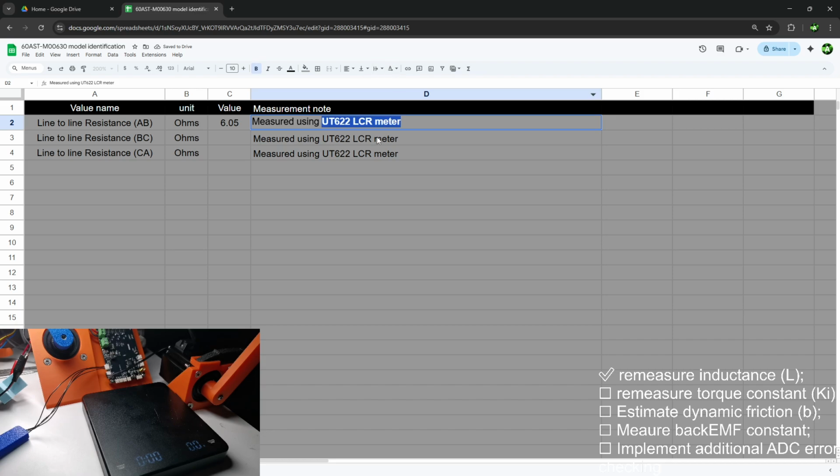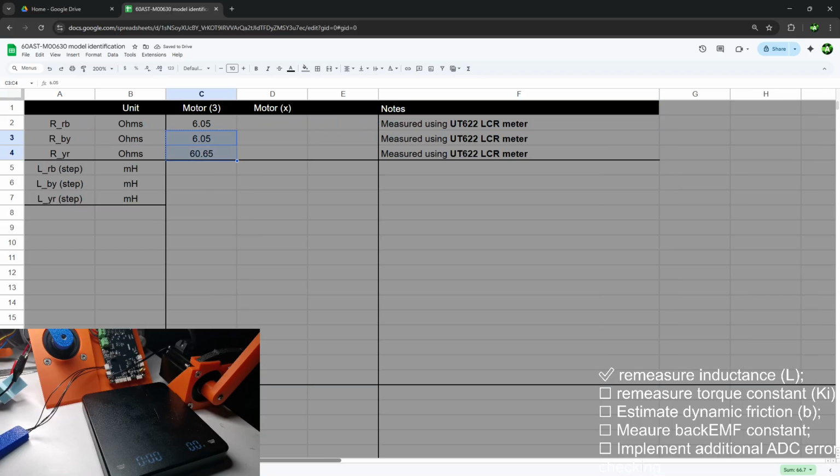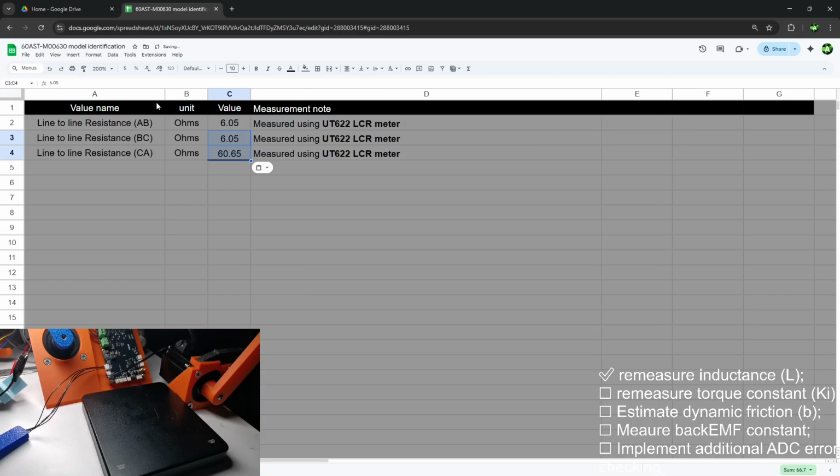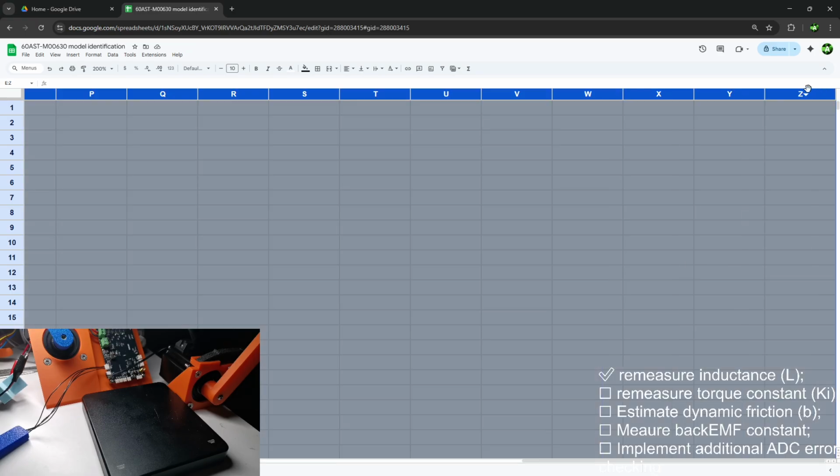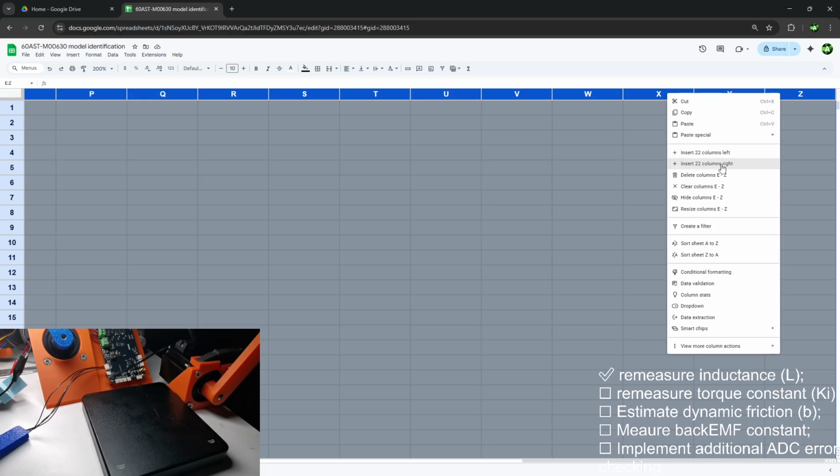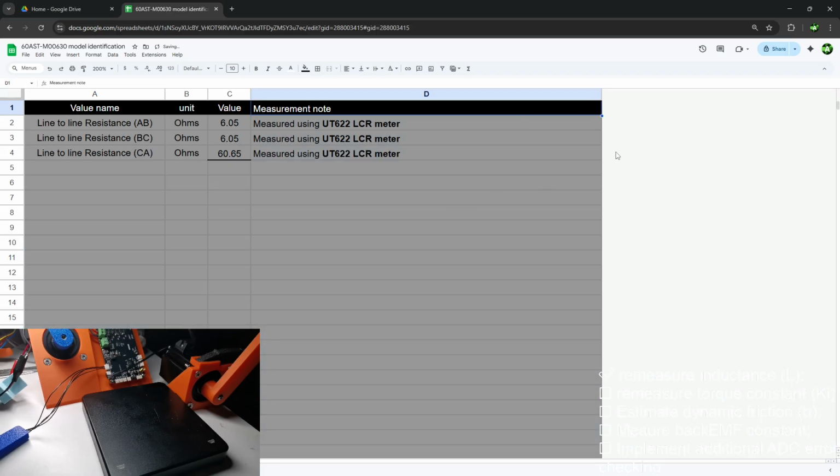Okay. Make it bold. Statement. Copy the values. Perfect, perfect, perfect. We can remove all the tables we don't need. Columns.